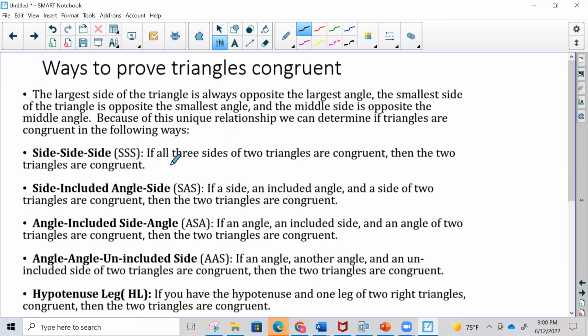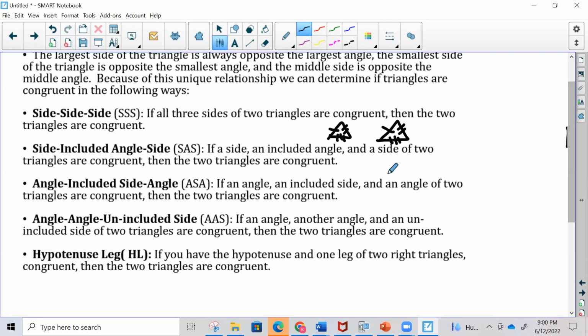So side, side, side means if all 3 sides of 2 triangles are congruent, then the triangles are congruent. Okay, so they're going to mark that with tick marks that the 3 pairs of sides are congruent. So that's side, side, side.